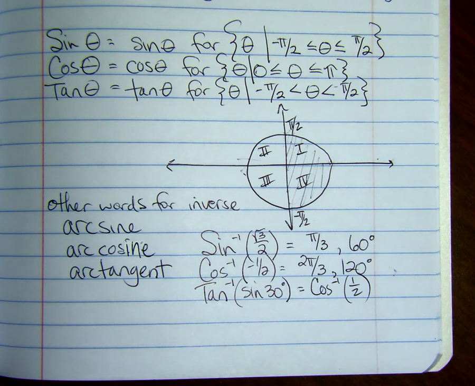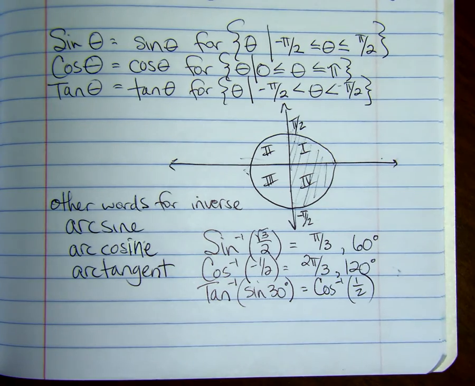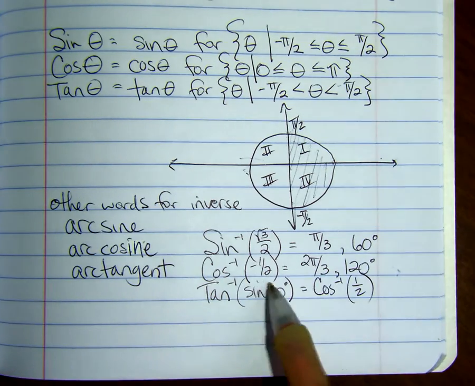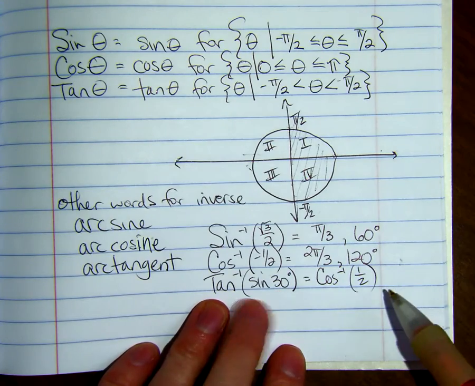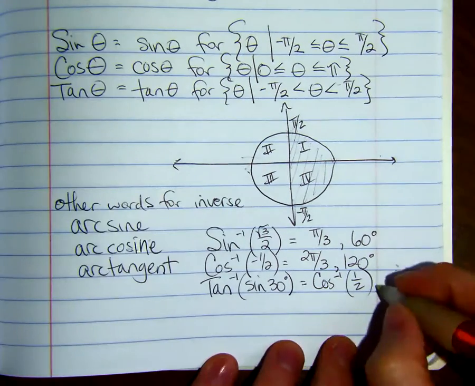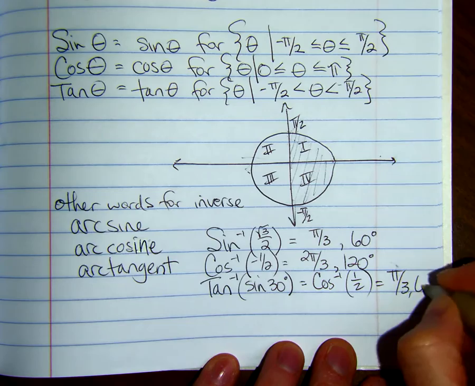Sine of 30 degrees is square root of 3 over 2. Then if you take the tangent inverse of square root of 3 over 2, why is it cos inverse? I don't remember. It's going to be pi thirds or 60 degrees.